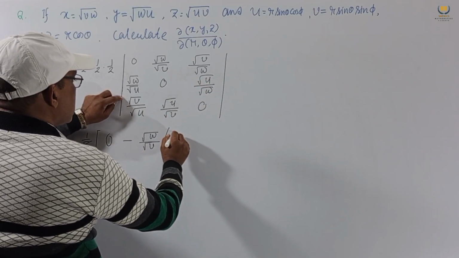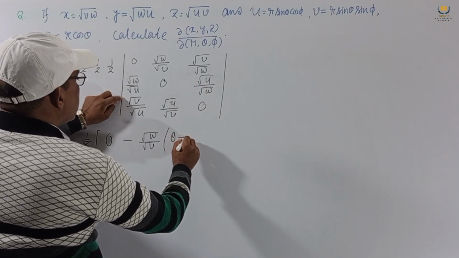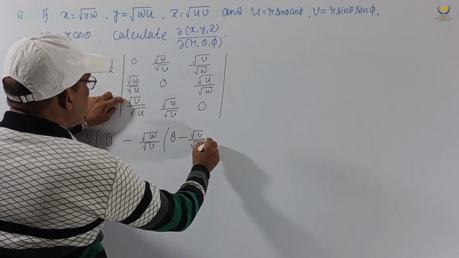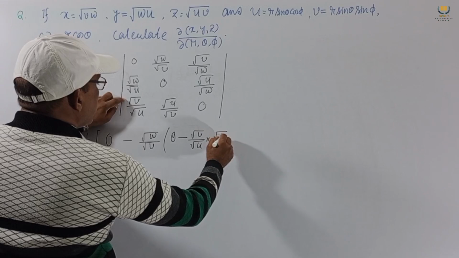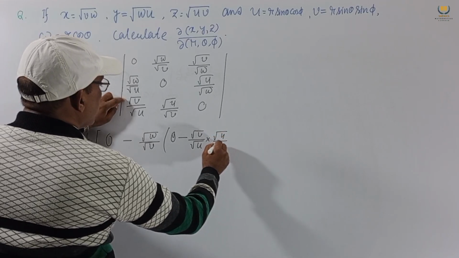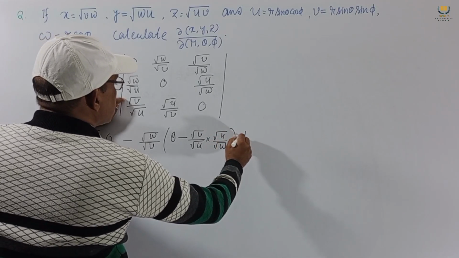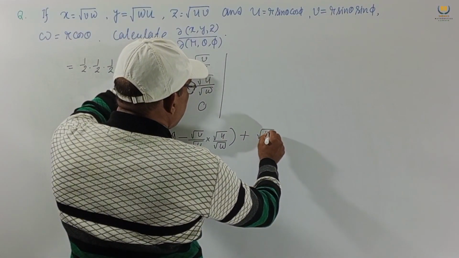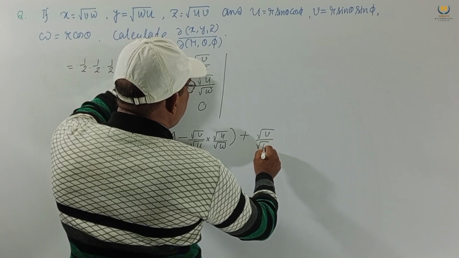This is 0 minus root v by root u into root u by root w, we get this. And the last one is root v by root w.